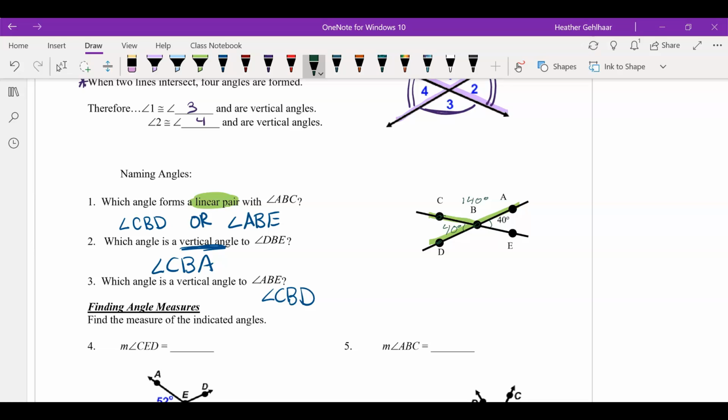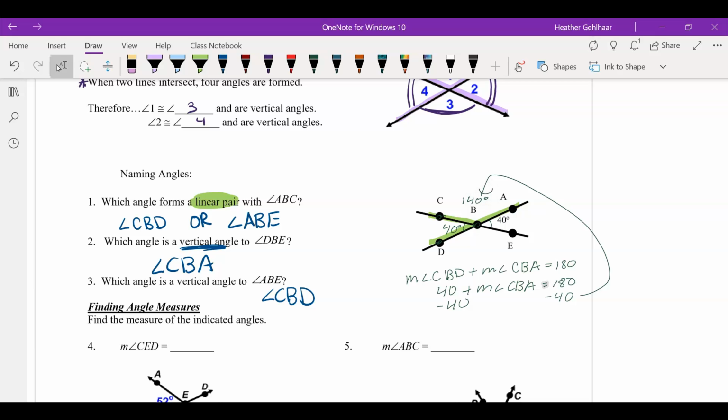Well, we know that the measure of angle CBD plus the measure of angle CBA will equal 180 degrees because it's a linear pair. So if we put 40 here plus the measure of angle CBA equals 180, subtract 40, we will go ahead and get 140 degrees.